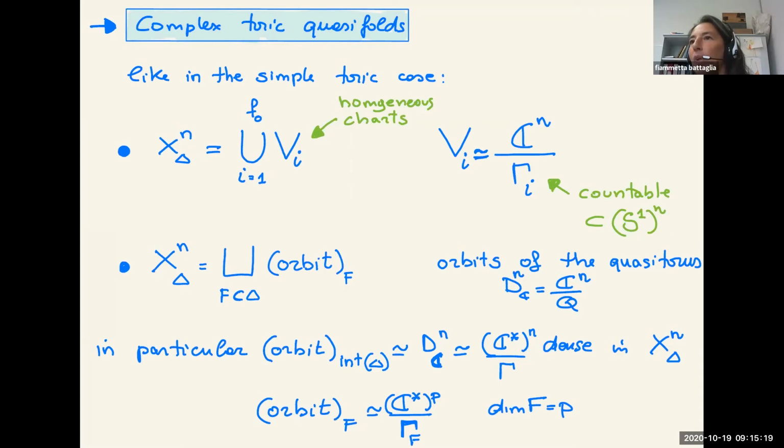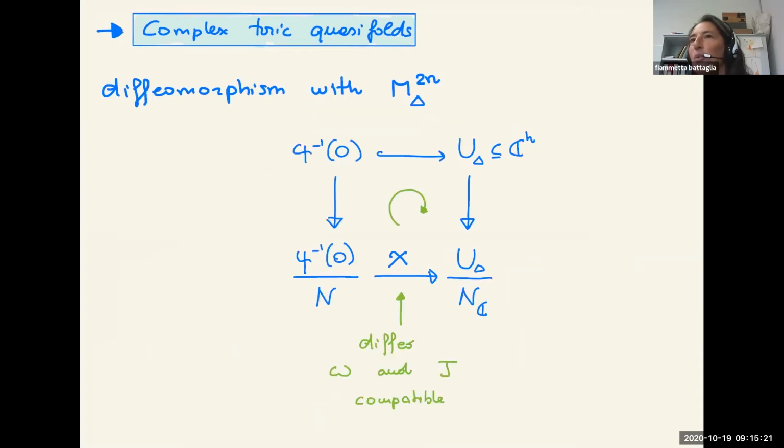Okay, and so what is the relation with the symplectic quotient? We have already seen that they can be identified. So how does this identification work? We have the level set of the moment mapping that allows us to construct the symplectic toric quasifold.